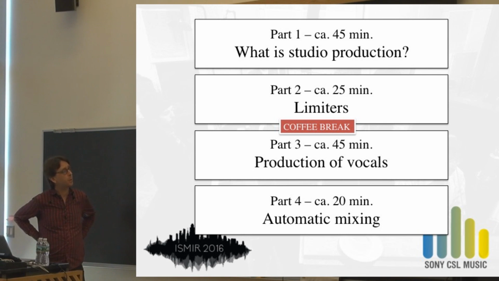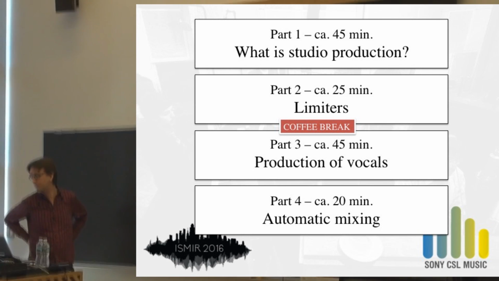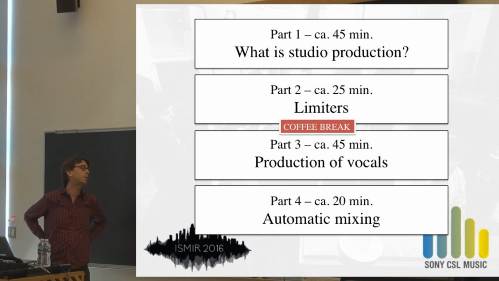The first part is where I'm going to roughly explain what studio production is, what we are going to talk about. Parts 2 and 3 are showcases, let's call them that. And part 4 is an MIR specific showcase, we can call it this way.